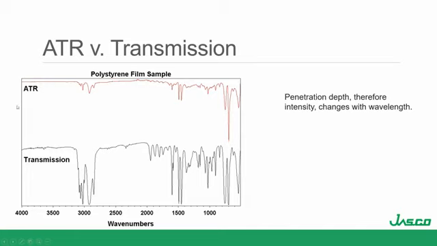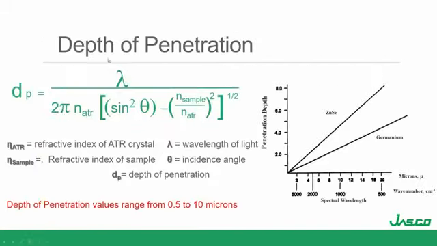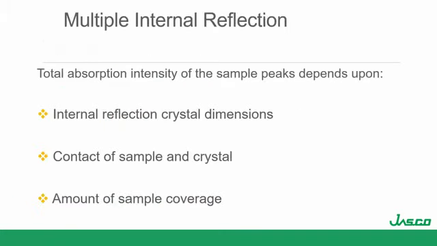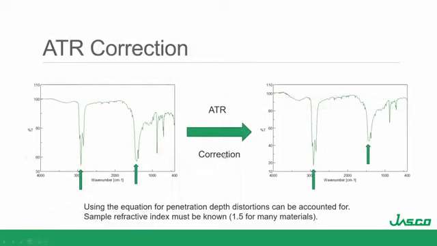The reason is, as we go from left to right, the penetration depth increases, which causes a relative intensity distortion throughout the spectrum. So the computer can actually use the penetration depth equation to solve for what the intensity should be. And that's the ATR correction.